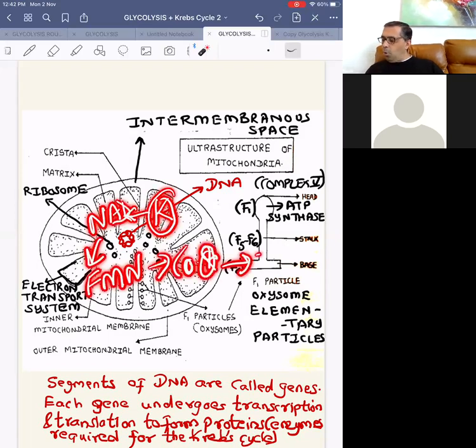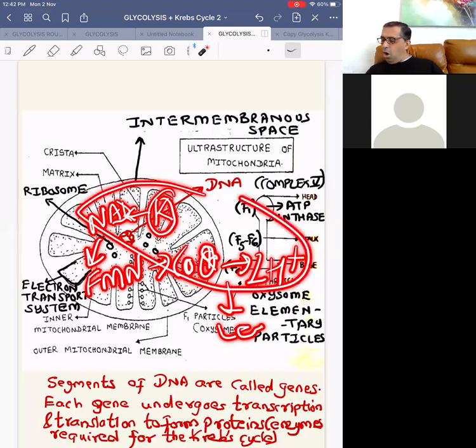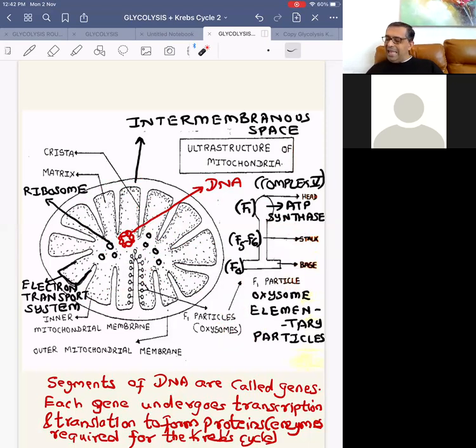From coenzyme Q, where does it go? It forms proton and electron. Where do the Krebs cycle, NAD, FMN, coenzyme Q and protons all remain? They remain inside the matrix.